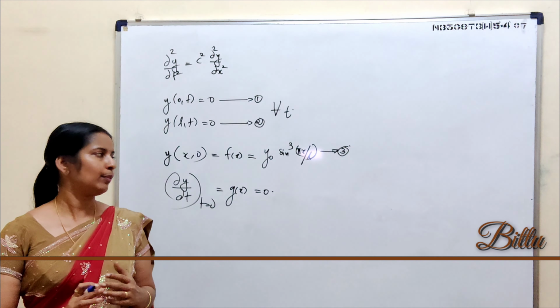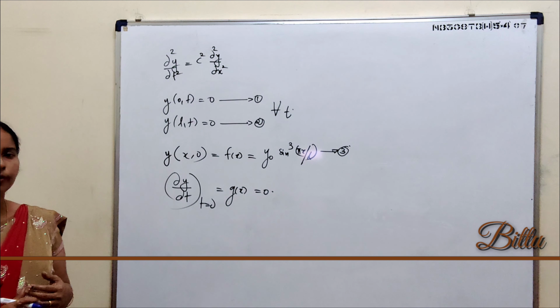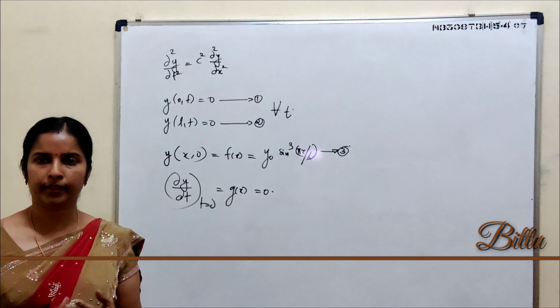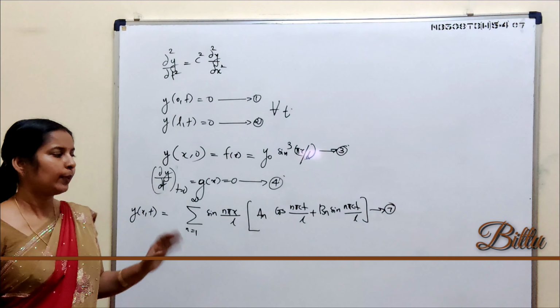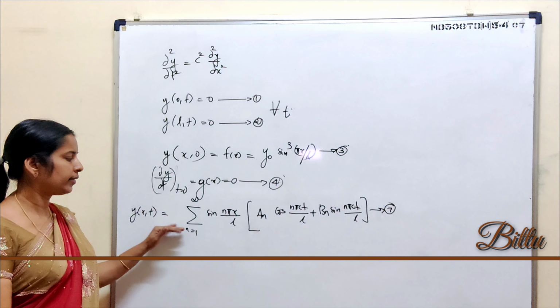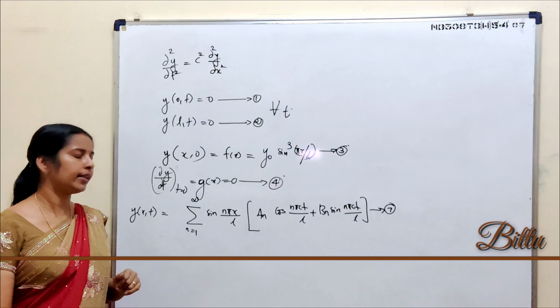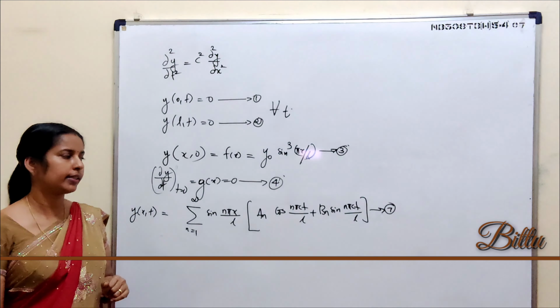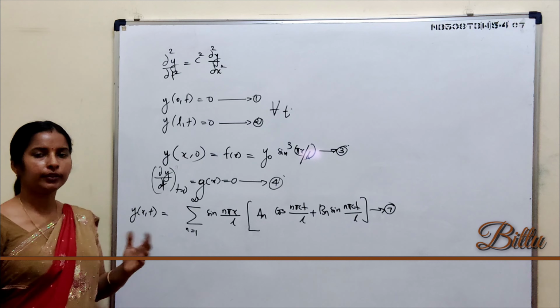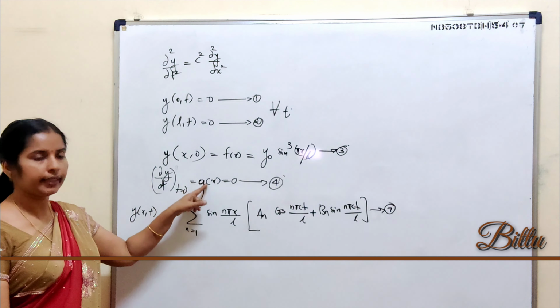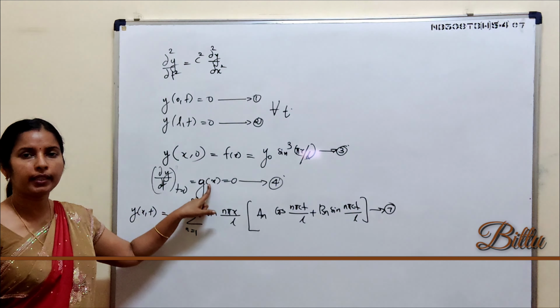See, this is very similar to the previous question. So up to equation number 7 is common from the previous problem. Our seventh equation is this one: y of x,t is equal to sigma n 1 to infinity sine n pi x by L into a n cos n pi ct by L plus b n sine n pi ct by L. And also in the previous question g(x) is 0. From there we notice that bn equal to 0.